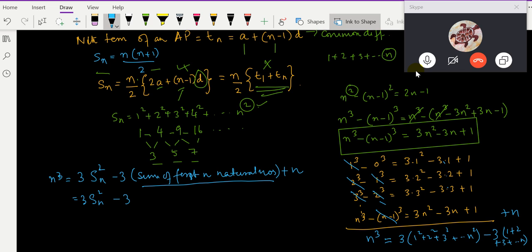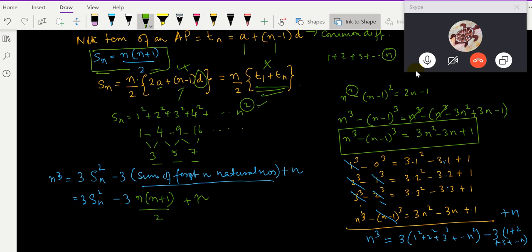Sum of the first n is n into n plus 1 upon 2, right? n into n plus 1 over 2 plus n, right?